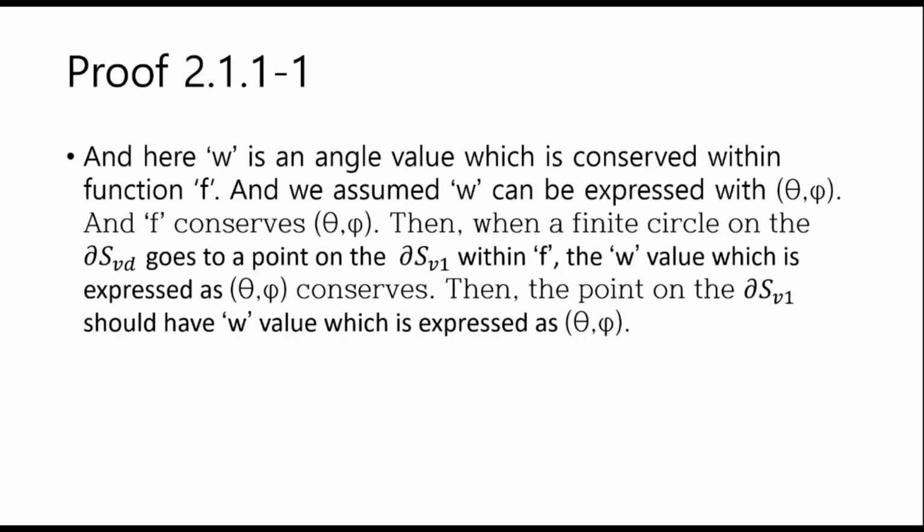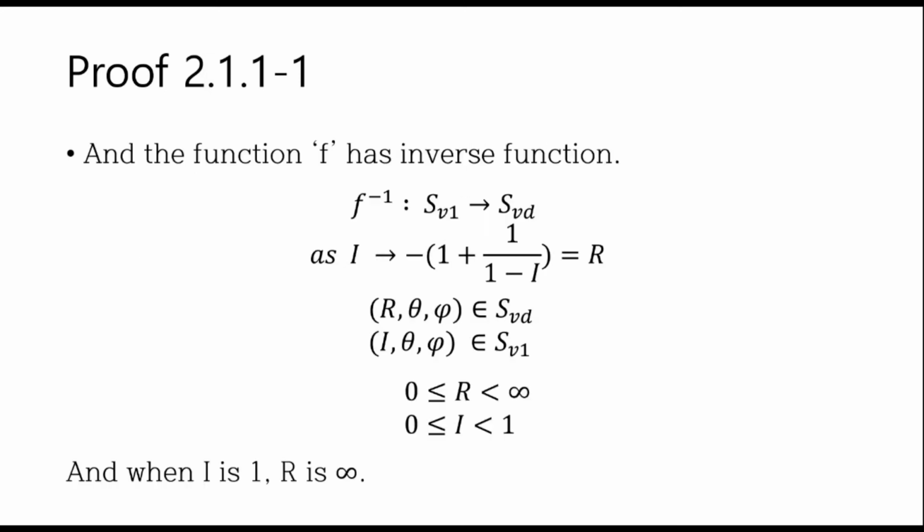And here, omega is an angle value which is considered within function f, and we assumed omega can be expressed with theta phi. And as it considers theta phi, then when a finite circle on the DS3D goes to a point on the DS31 within f, the omega value which is expressed as theta phi is conserved. Then the point on the DS31 should have an omega value which is expressed as theta phi, and the function f has an inverse function, like this.